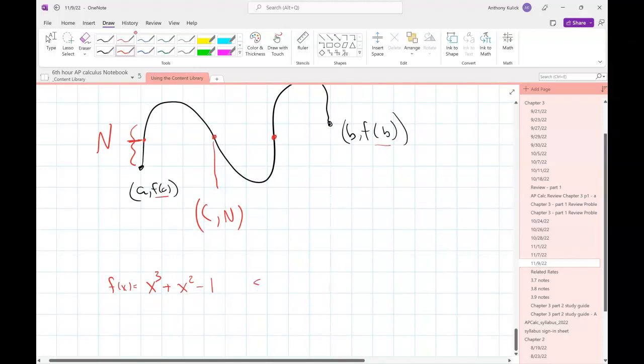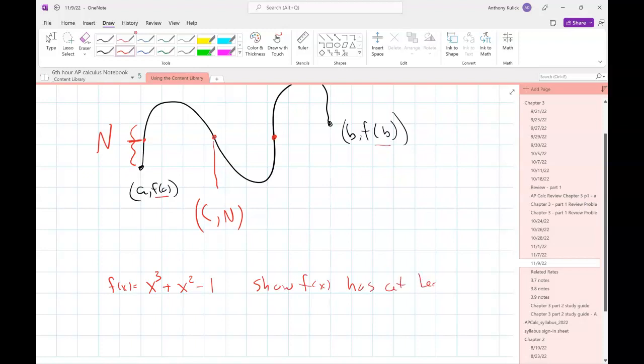say I want to show that polynomial, actually I think it's probably proper if I write it that way, has at least one real root.